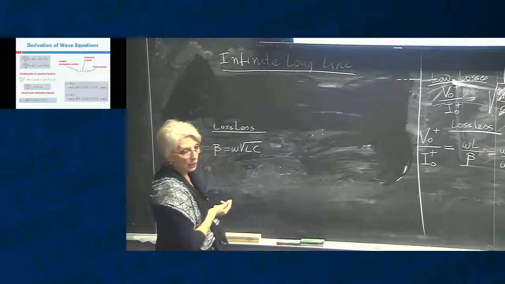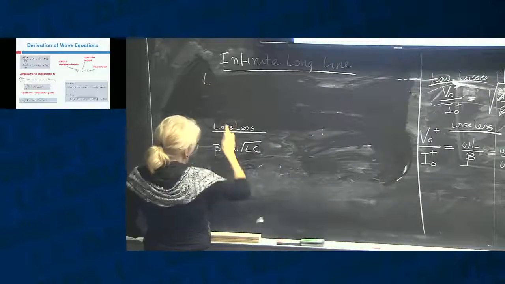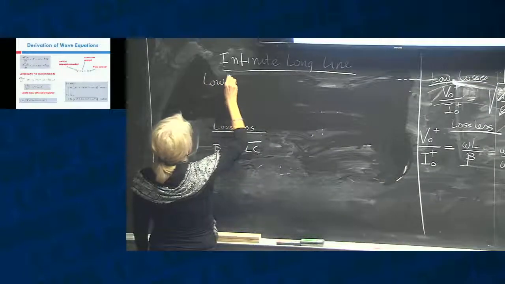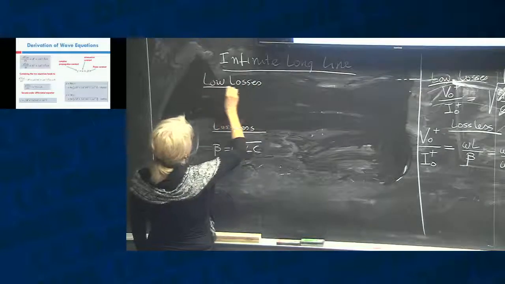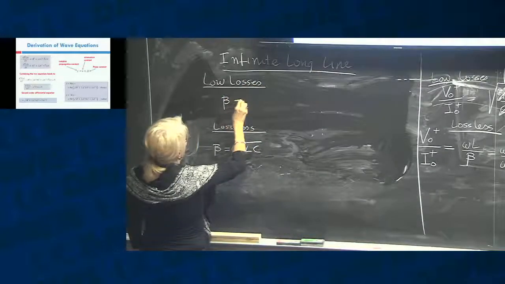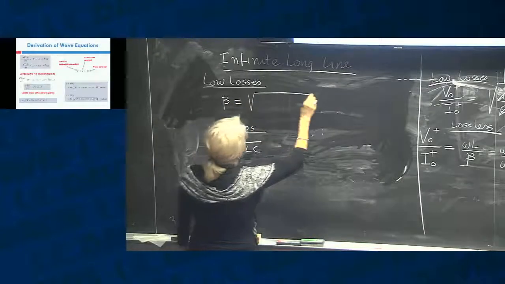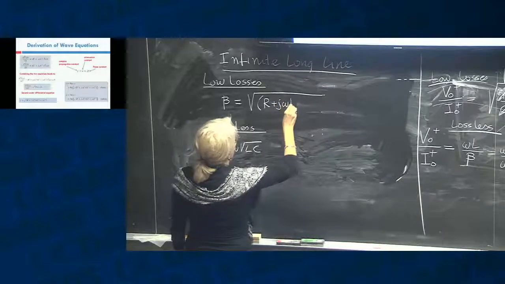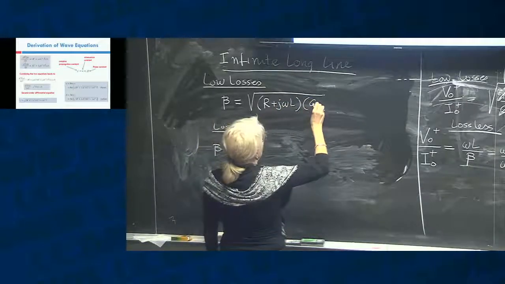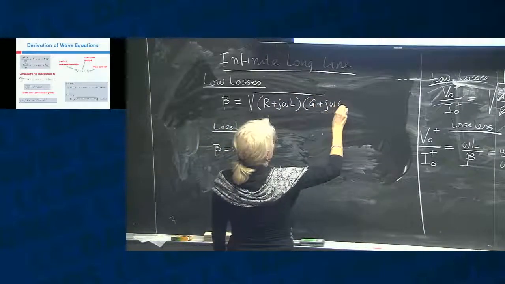That's what we found. When there are low losses, you can find the same way as we did here, that your beta will be the square root of (R plus j omega L) times (G plus j omega C).